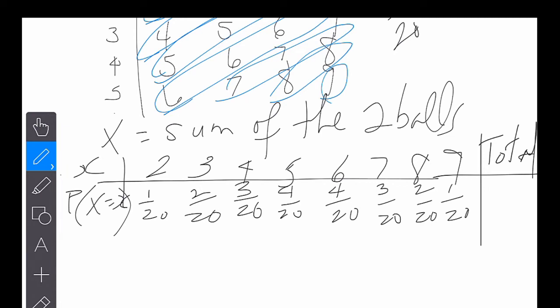And the total is 1. If you add them up, you'll see that 1 plus 2 plus 3 plus 4 plus 4 plus 3 plus 2 plus 1 is 20. 20/20th is 1. Okay.